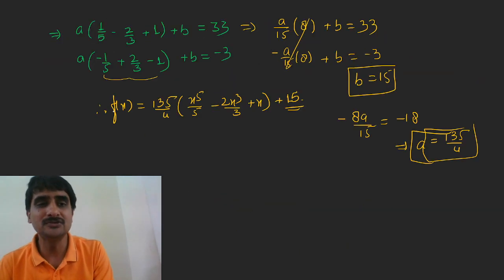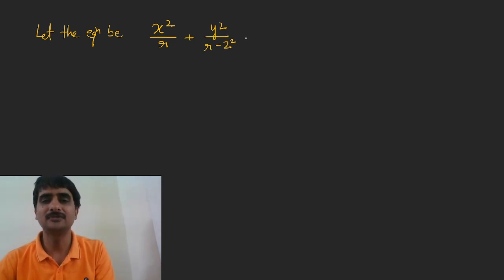Okay, so I will assume an equation. Let the equation be x square upon r, y square upon r minus 2 square, z square upon r minus 4 square, w square upon r minus 6 square is equal to 1.